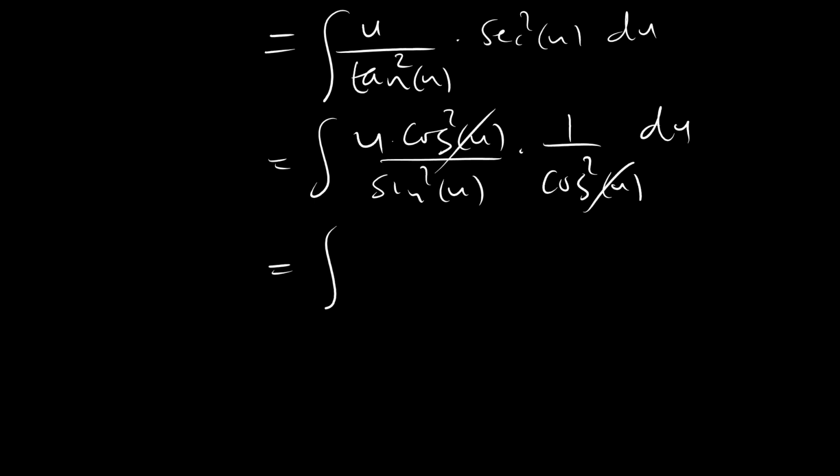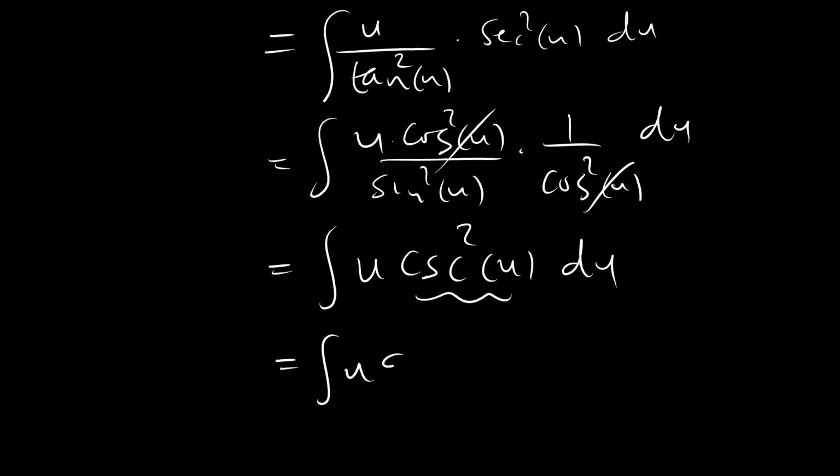So this is u cos squared over sine squared, right? And so we can express that as u, the derivative of negative of cotangent of u.